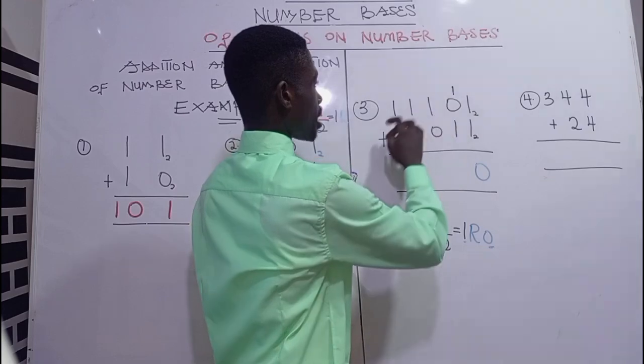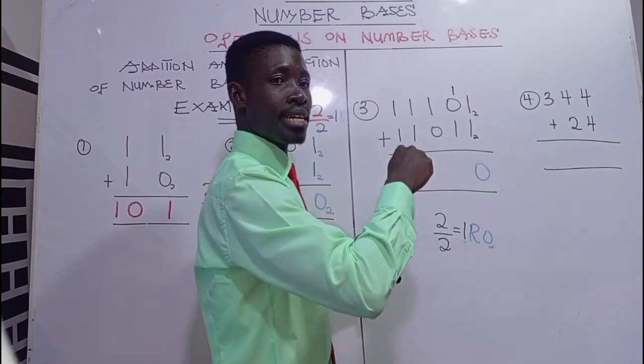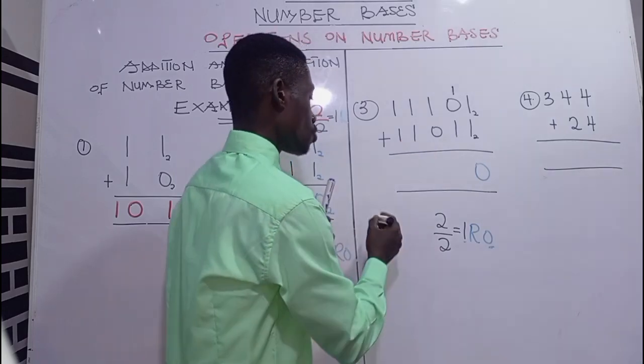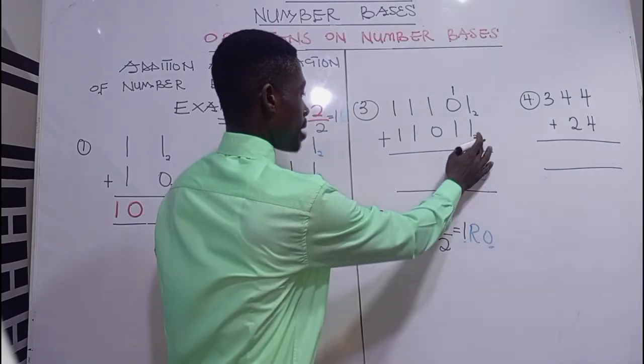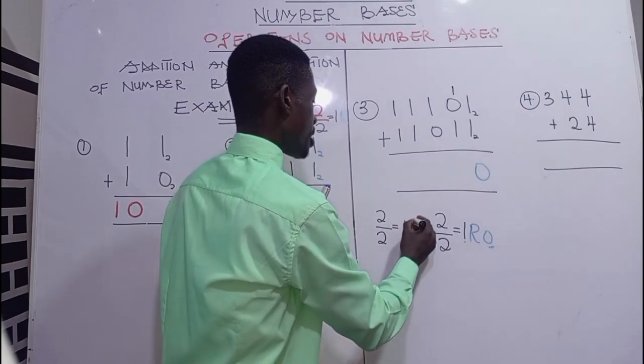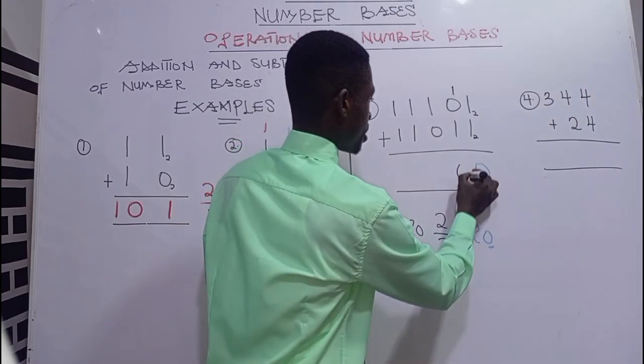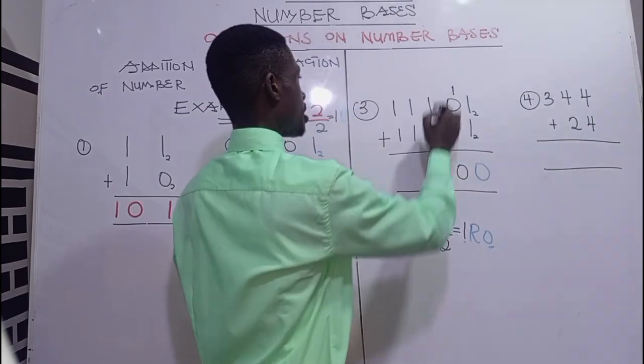So we have 1 plus 0 plus 1 will give us 2. We are working in base 2, so we can't have 2 inside. So we divide it by the base we are working in, and this gives us 1 remainder 0. So we write this 0 here, and then we carry this one to the next number.